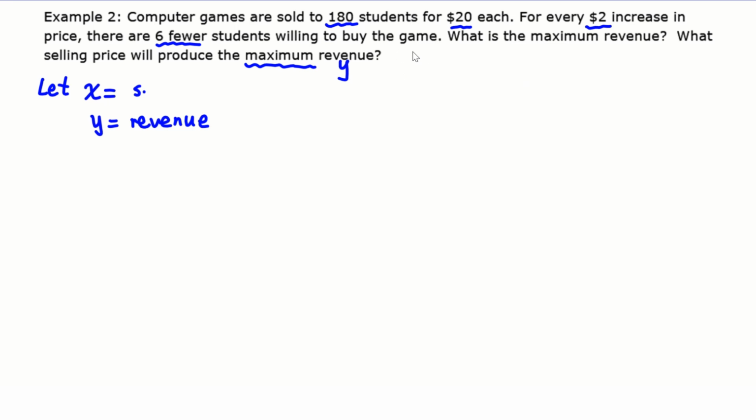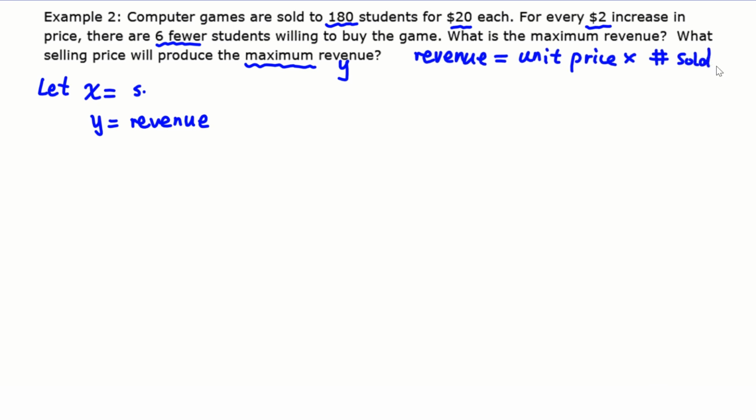For this one, you need to know the revenue formula. The revenue equals the unit price times the number of products sold.